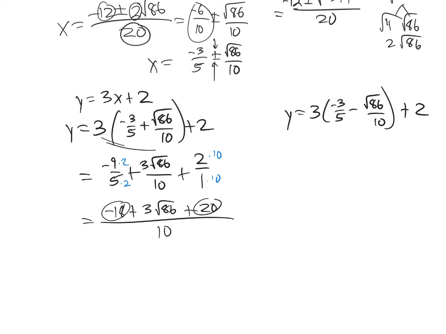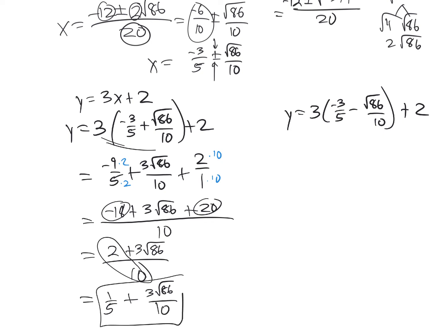Negative 18 and 20 gives us 2, plus 3 square root of 86 over 10. And since this denominator reduces with one thing in the top, let's split it apart. That's 1/5, and this will still be 3 square roots of 86 over 10. So that's one possibility for y when x is the plus sign.